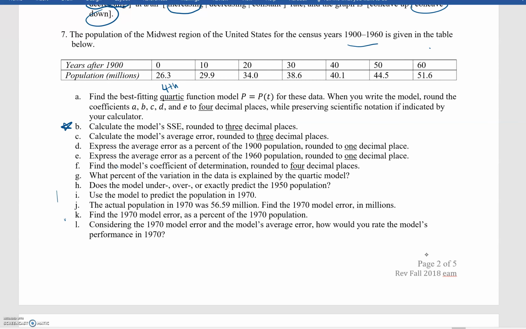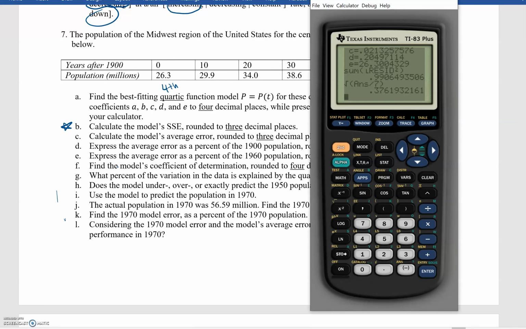The coefficient of determination, remember we don't have a correlation coefficient here, we have a coefficient of determination. So we go to VARS, statistics, equation, and then scroll down to capital R squared, which I skipped. There it is, number 9.